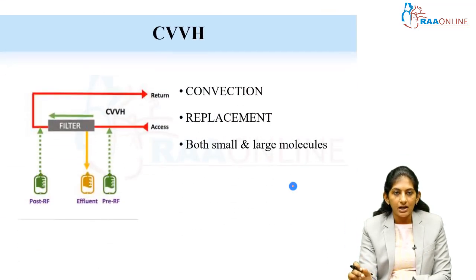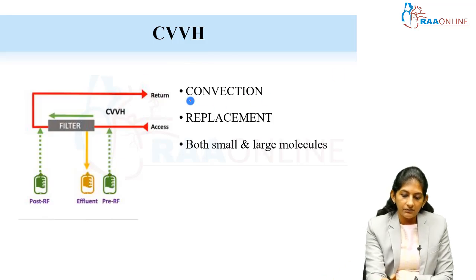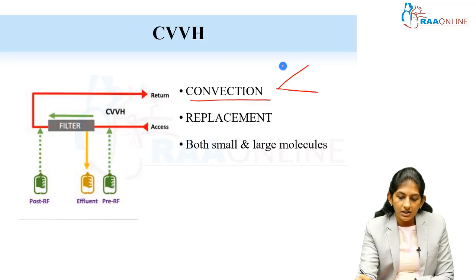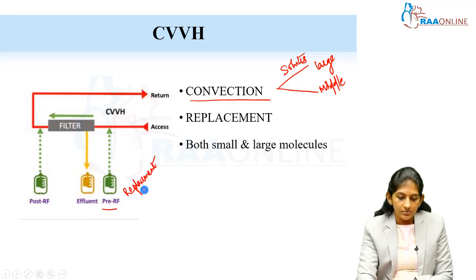Okay. That is SCUF. Continuous veno-venous hemofiltration. Here convection is used. From the patient, the blood flows. What happens in convection? My aim is to remove the solutes, both large and middle molecules. For that I use a replacement fluid, which is ideally a crystalloid.